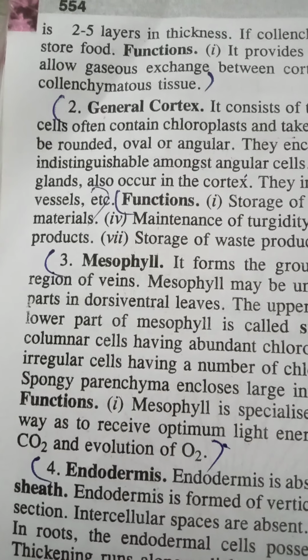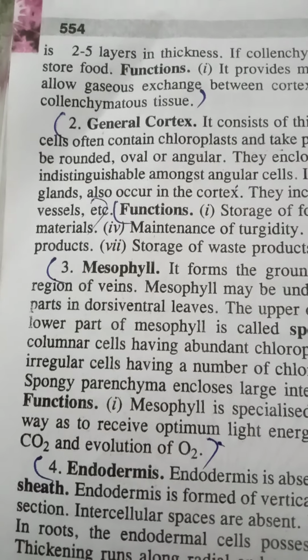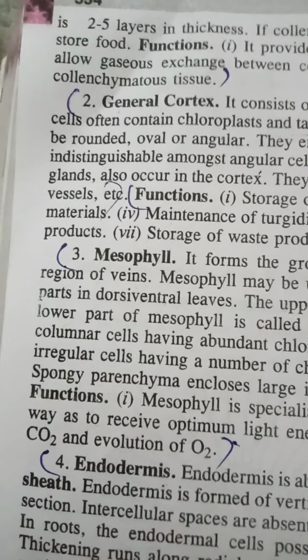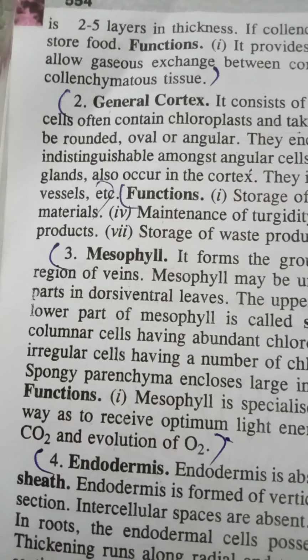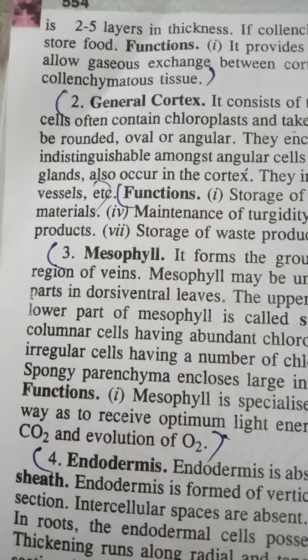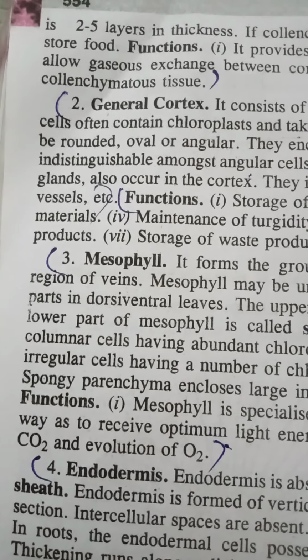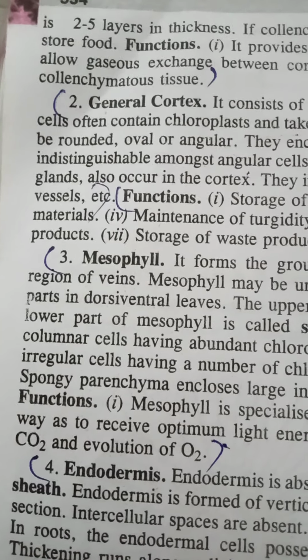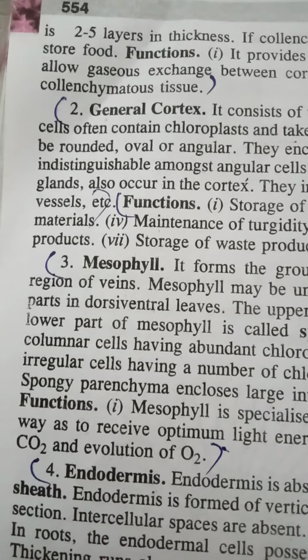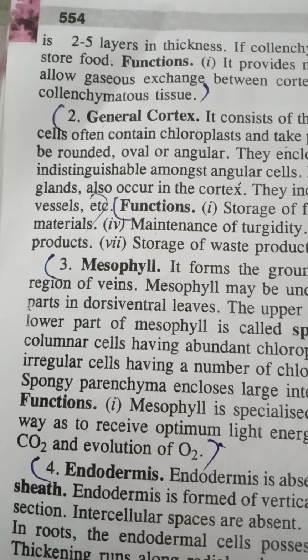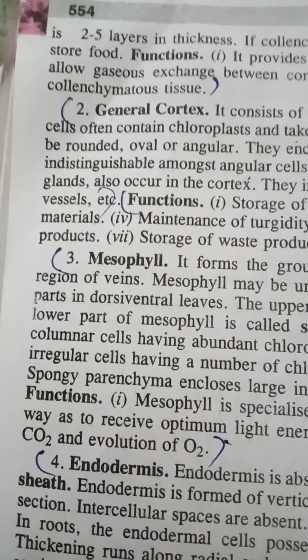Palisade parenchyma are columnar cells compactly arranged, whereas spongy parenchyma are round cells which are loosely arranged. As chlorophyll is present, their main function is to perform photosynthesis. They receive the optimum light energy and utilize the solar energy. They have their own aerating system for absorption of carbon dioxide and evolution of oxygen.